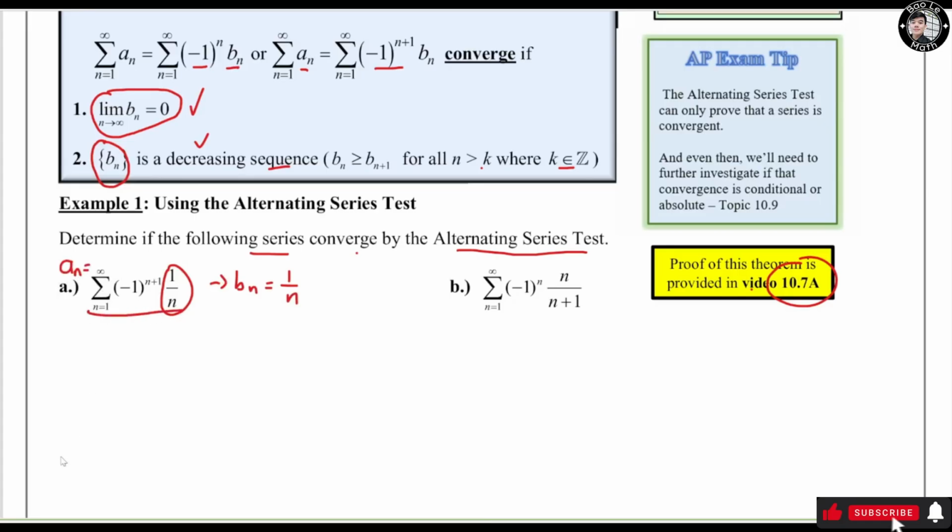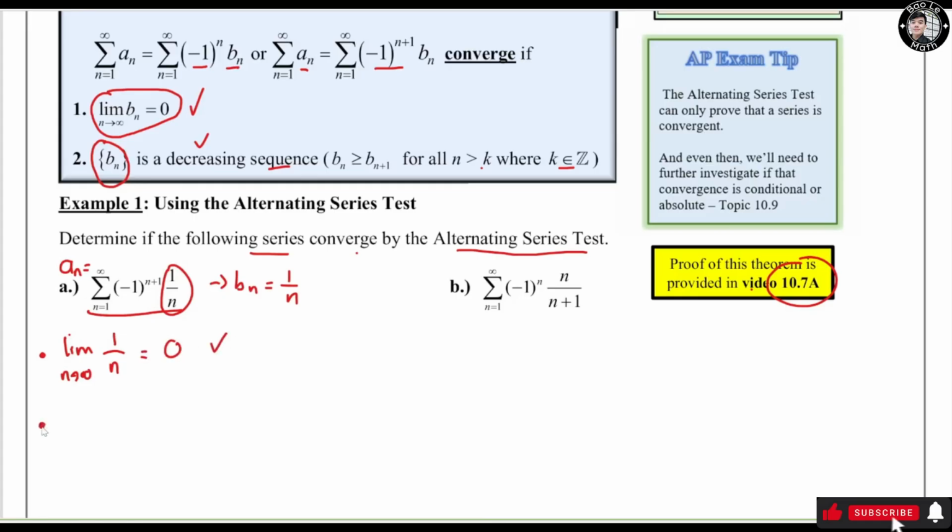Now, number 1, we need to verify that the limit of b sub n as n approaches infinity equals 0. So we have the limit of 1 over n as n approaches infinity equals 0. So this one is satisfied.